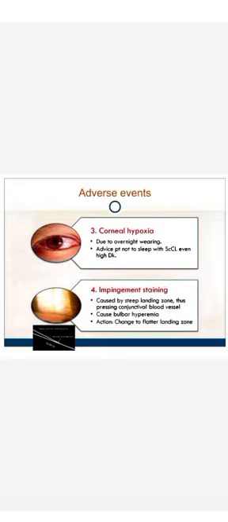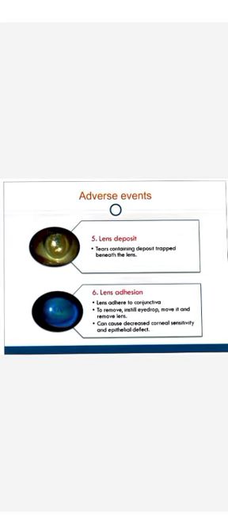Advise patients not to sleep with scleral contact lenses, even high Dk. Intense staining is caused by steep landing zones. Pressure on conjunctival blood vessels causes bulbar hyperemia. Action: change to flatter landing zones.